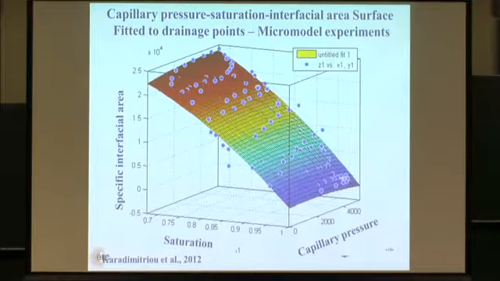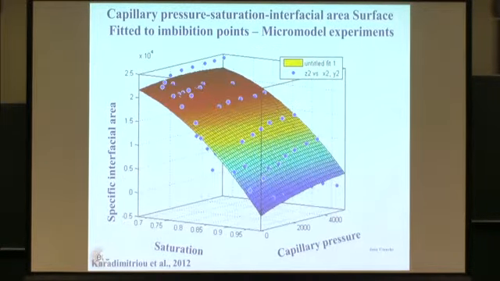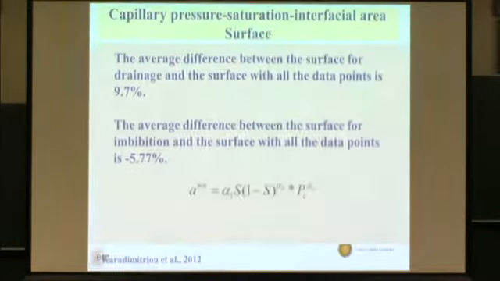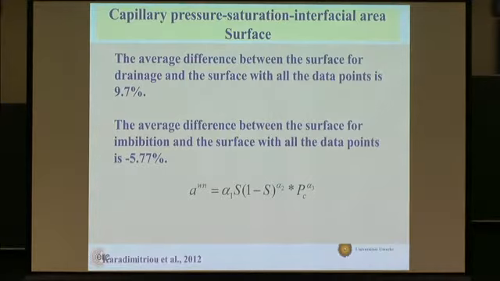So these are all macro scale quantities, and indeed for every single point we have three things measured. And then we see that the two surfaces are really different by a small amount, and so you can really write a relationship between interfacial area, saturation, and capillary pressure.